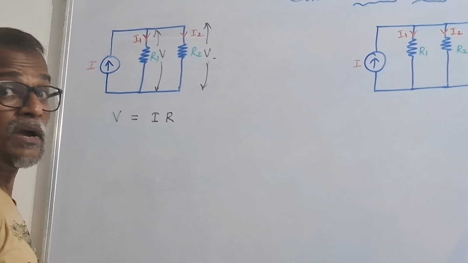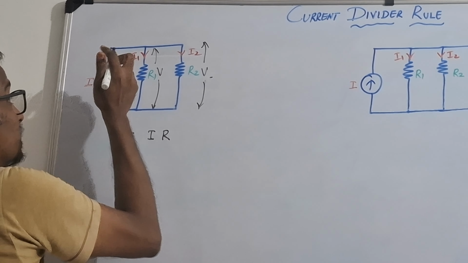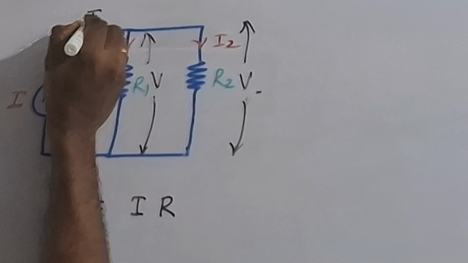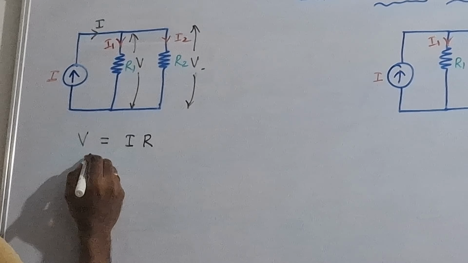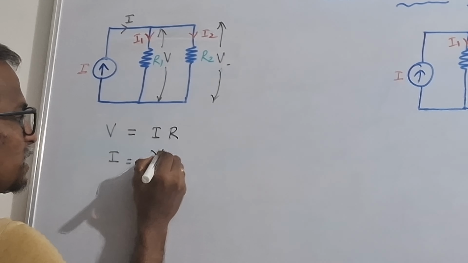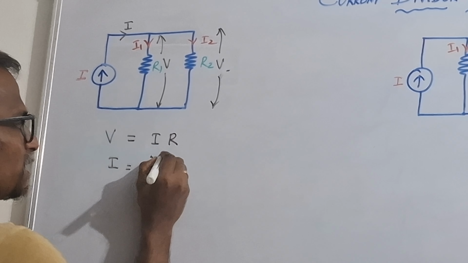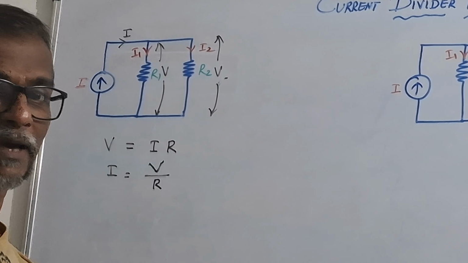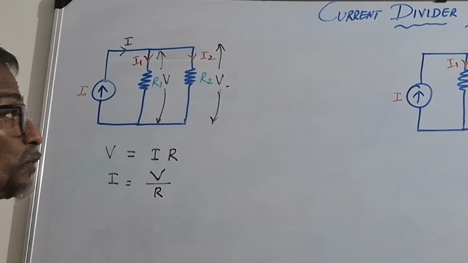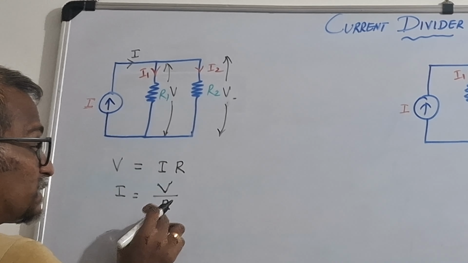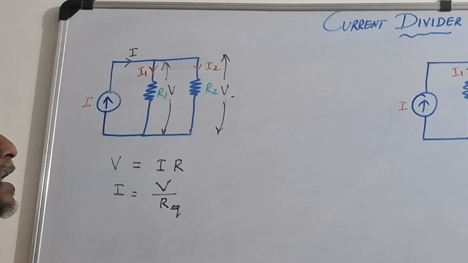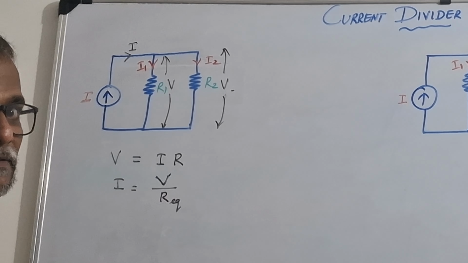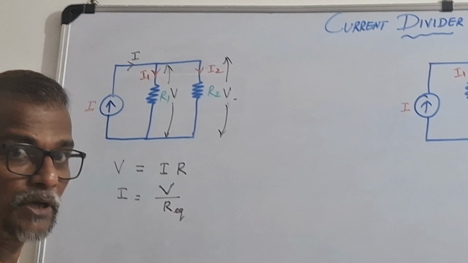Therefore we have to find out the total current in this circuit. How to find the total current? The current is equal to voltage divided by resistance, and the resistance is the equivalent resistance of the parallel connection. I hope you understand.